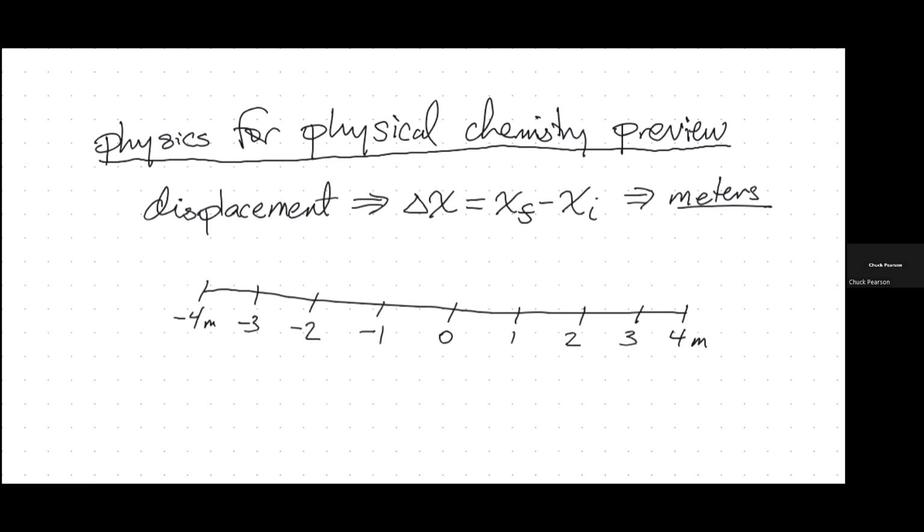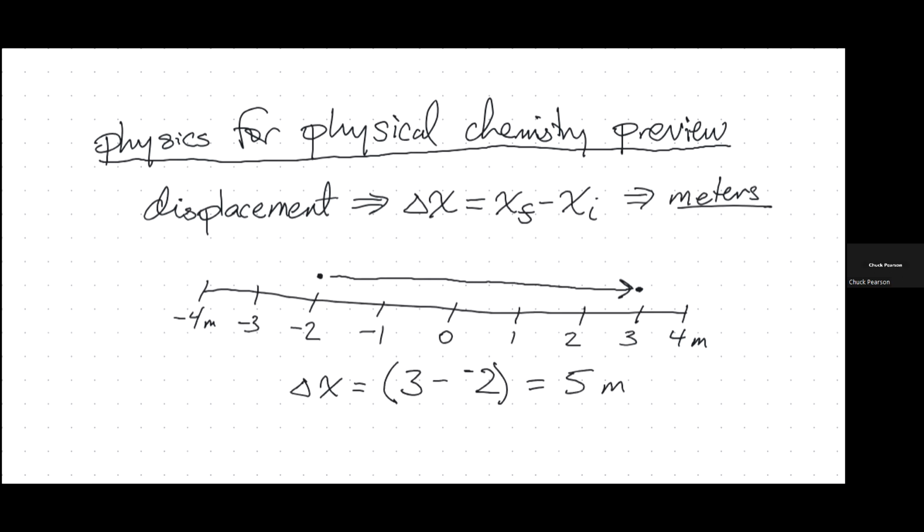And if we start at a position of -2 meters and travel to a position of 3 meters, delta x is equal to 3 minus -2, or 5 meters.